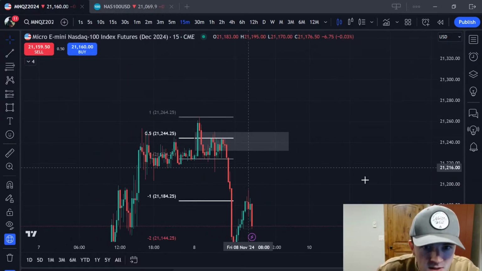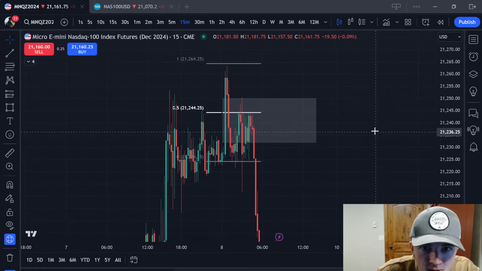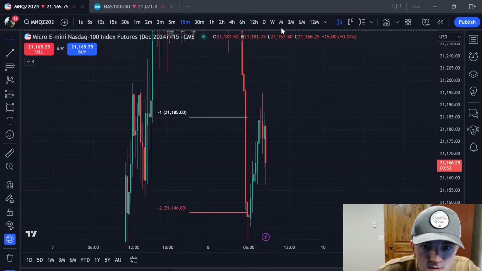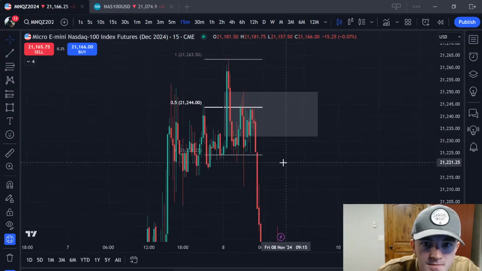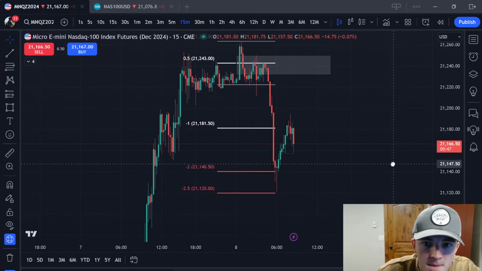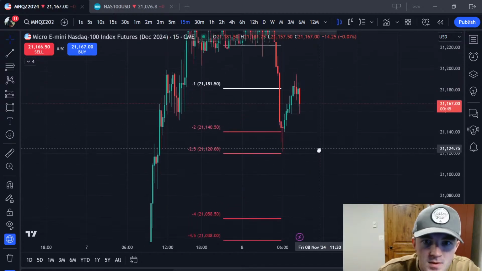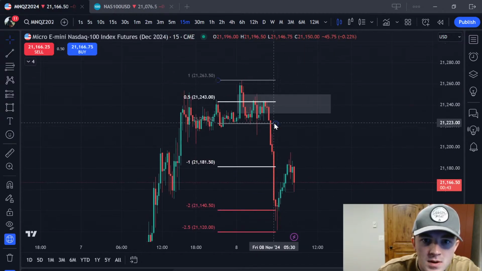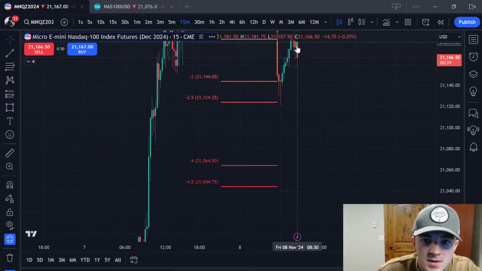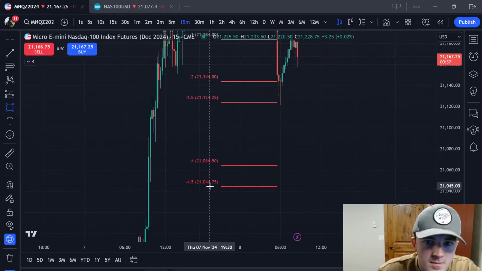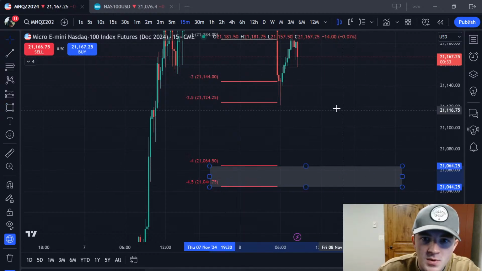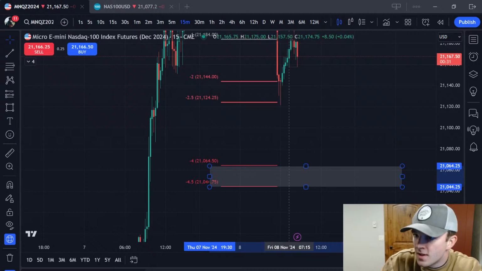Let me try and line this up a little better just so I make sure this is 100% accurate. I'm gonna measure it like this. Okay. This is where I see us going, personally.